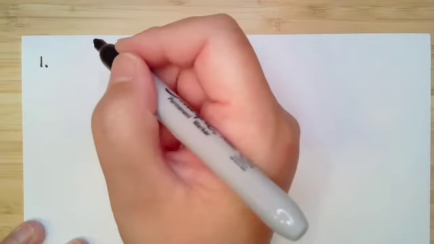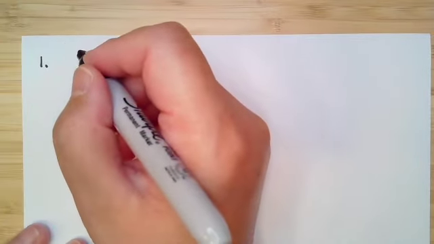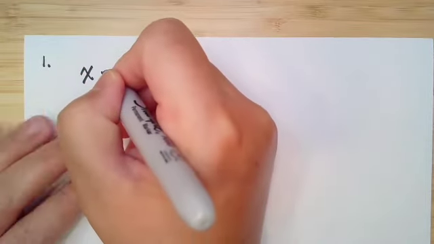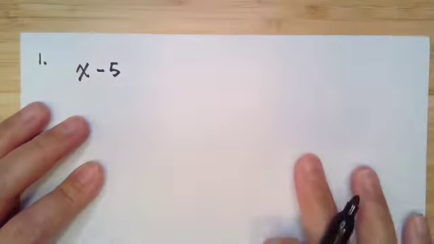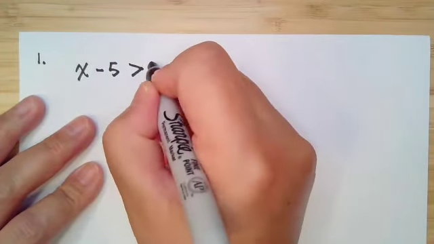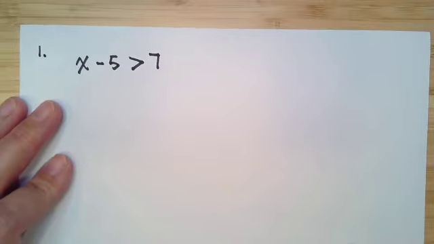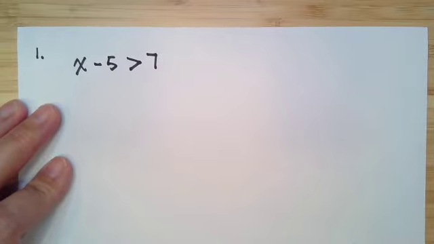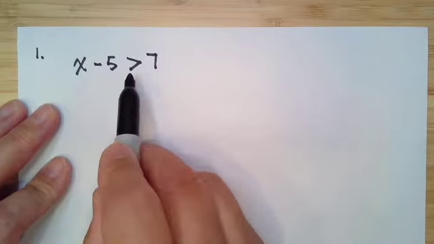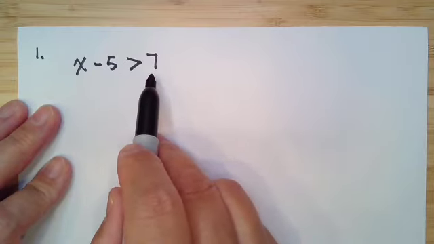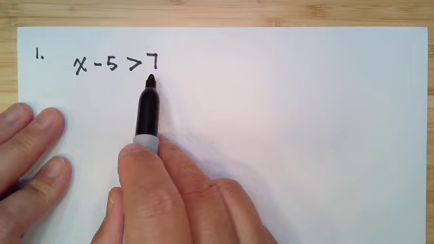Now, question number 1. Let me see. x minus 5 is greater than 7. How do you solve this inequality? If we have x minus 5 equals 7, do you remember we did this in chapter 3, in class 3?